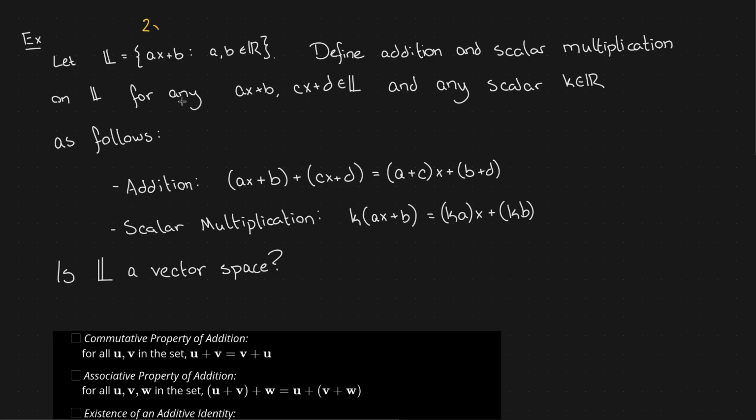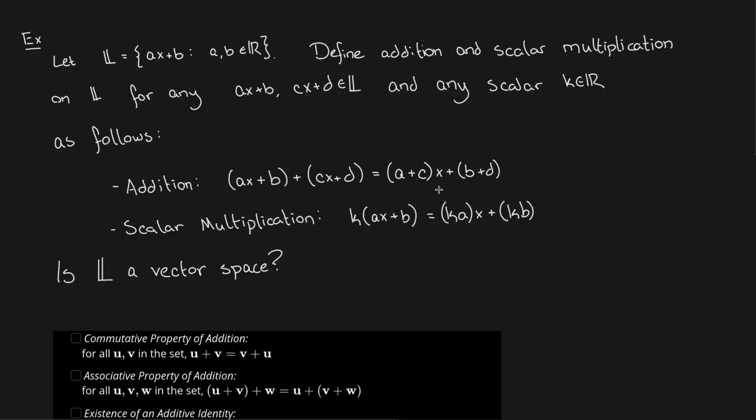Notice this set is going to be all linear functions. A would be the slope of the line, b would be the y-intercept, right? So it's all the lines in R2, which is why we're using L here. It's a set of all linear functions here.